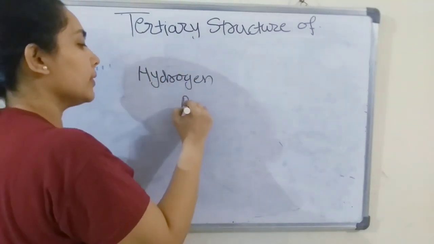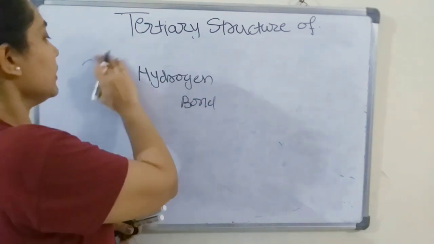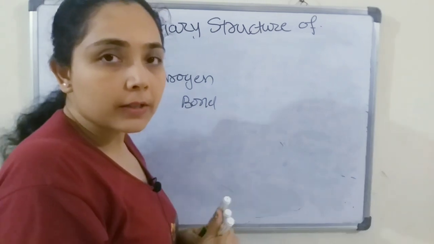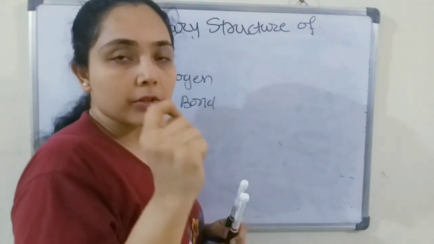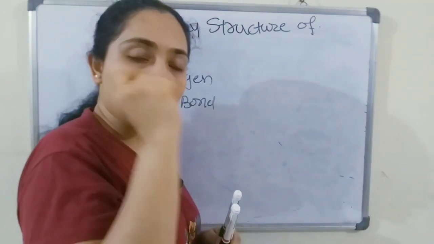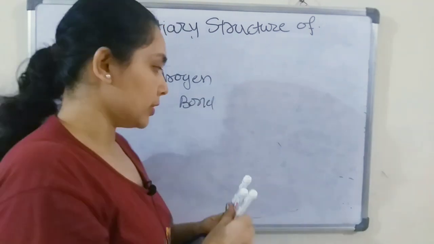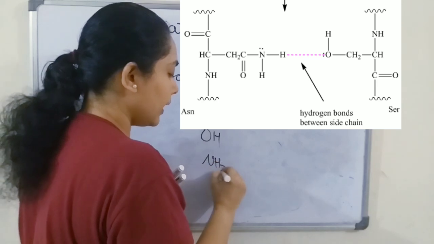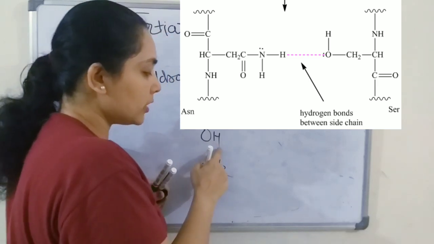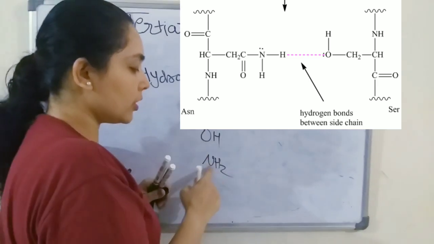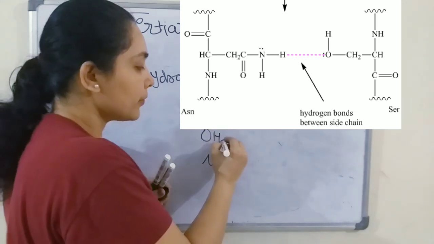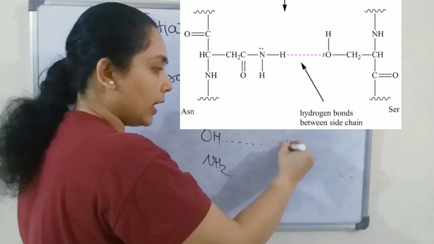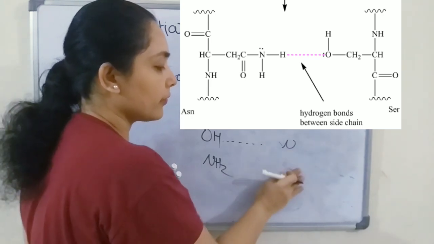Hydrogen bond. This is the third type of bond which we are discussing, present in the tertiary structure of proteins. Whenever hydrogen atoms are bonded to oxygen or nitrogen, like OH or NH2, in the amino acids, they can form a bond with another nitrogen or oxygen.